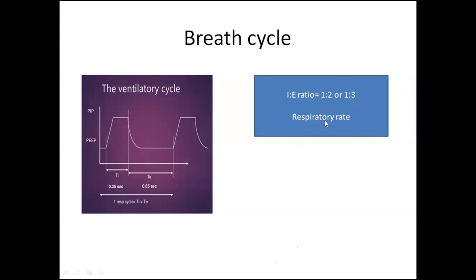So when you are increasing or decreasing the rate, you need to be very careful about how much I time is actually going to be delivered and how much E time there will be. It's very important in asthma ventilation, where if you keep increasing the rate, your time for expiration will come down, so your CO2 is going to build up further. So be vigilant about this. You need to be very careful when you are altering the rates without altering the IE ratio.